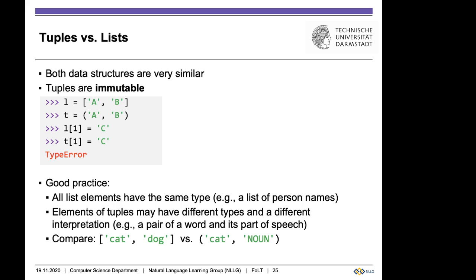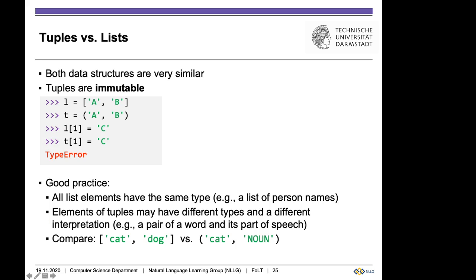And you can see here the data structures for the tuples and the list are very similar, but the one big difference between them is that you cannot modify any element in a tuple, so a tuple is immutable, while you can modify basically anything in a list.